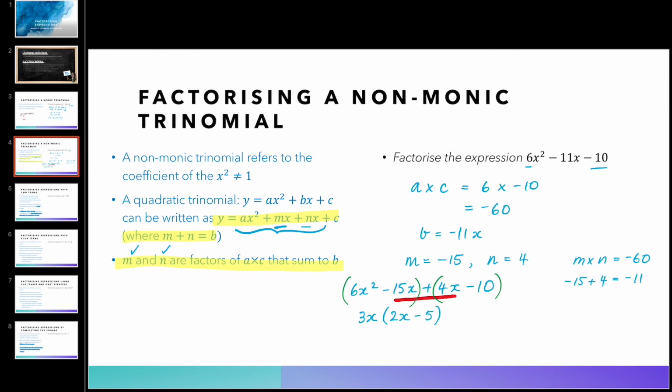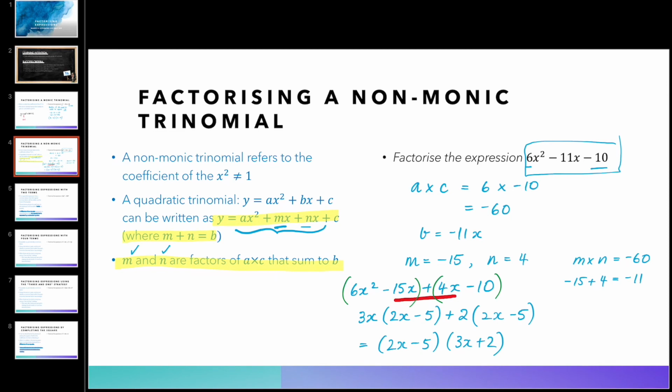Then factorising my second bracket, by the grouping method, I end up with 2x minus 5 and then 3x plus 2. So we have factorised the original expression, 6x squared minus 11x minus 10, and in its factorised form it is 2x minus 5 times 3x plus 2.